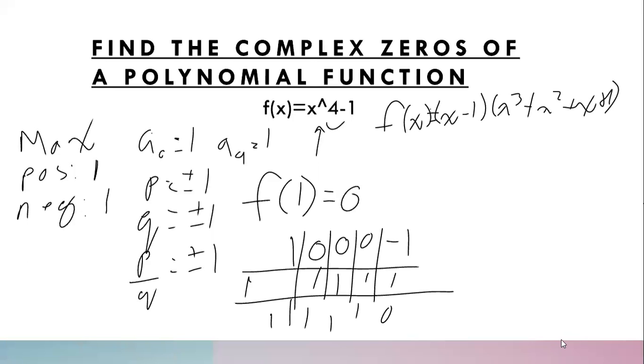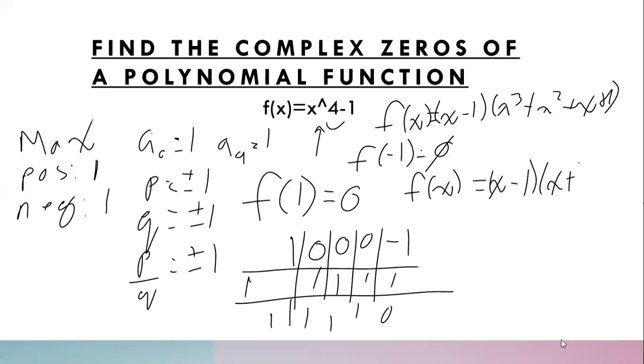And then we try f of negative 1, which does also equal 0. So then we would do synthetic division again, and you'd get your new formula of x minus 1 times x plus 1 times x squared plus 1.